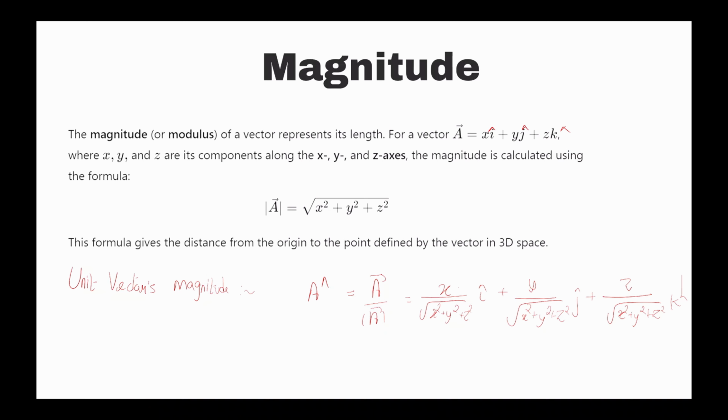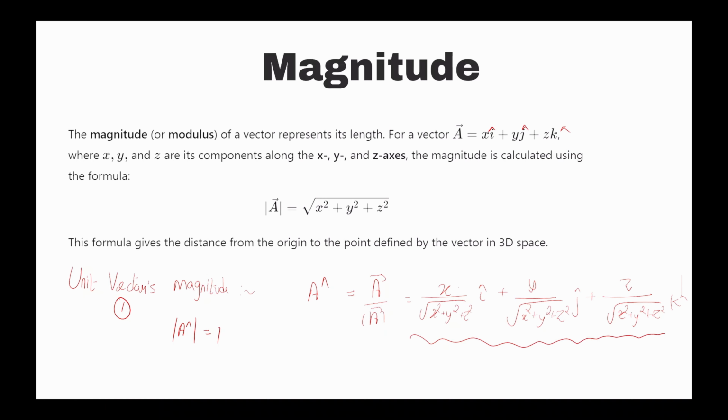Now, one thing that you must understand here is that my unit vector would always have its magnitude as 1. So magnitude of a cap would always be equal to 1. For this case as well, you can see that your magnitude would always be 1. Your common denominator is always going to be root under x square plus y square plus z square. And if I try to find out the magnitude of these three terms, what am I going to do?